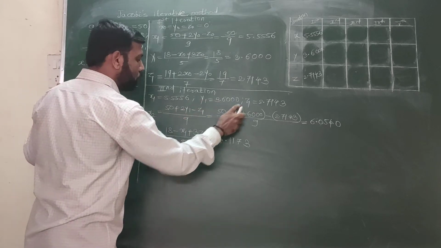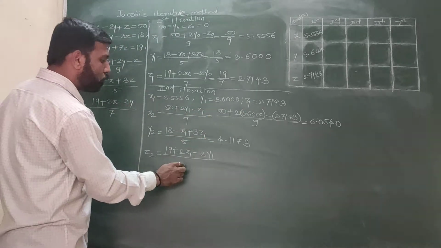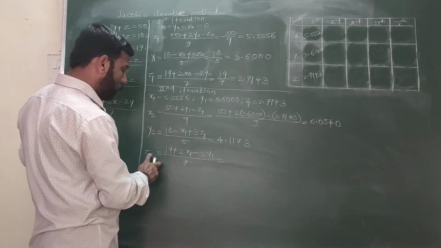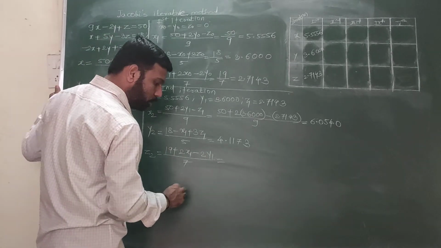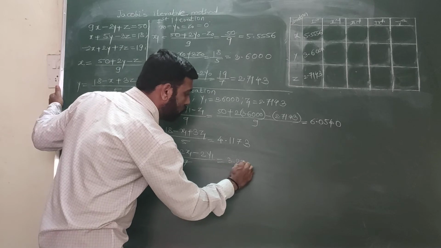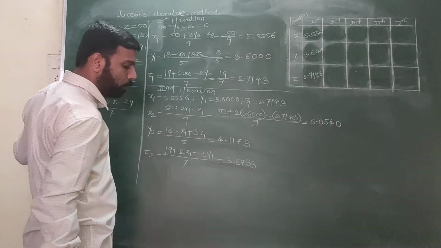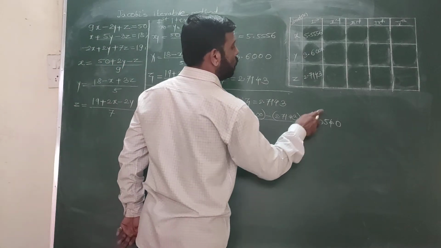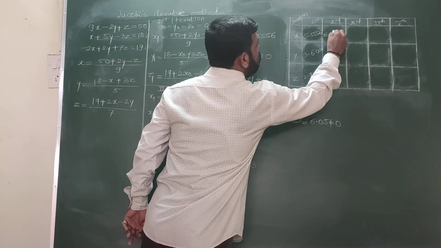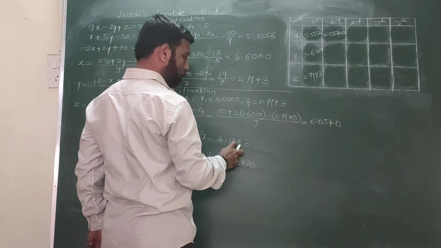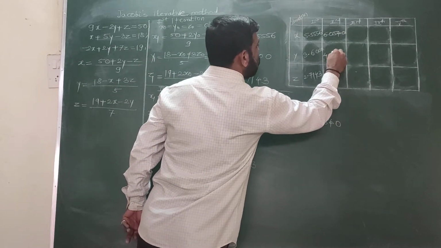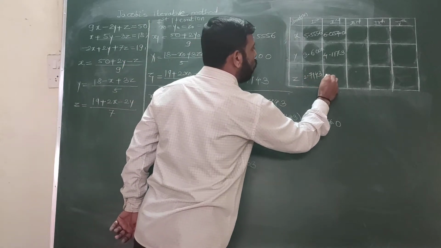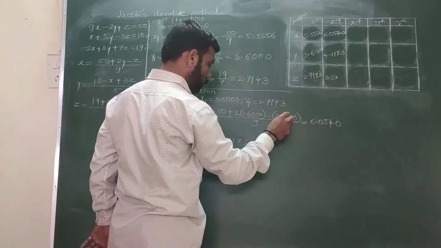This x1, y1, z1 we have to substitute in this formula. After calculation, z2 is 3.2733. Now put these values in the table: 6.0540, 4.1173, 3.2733.